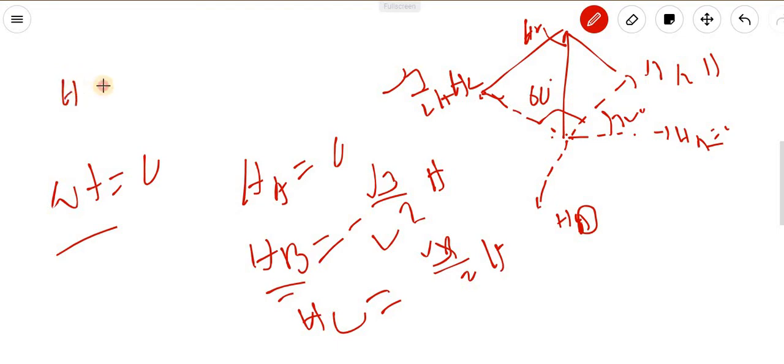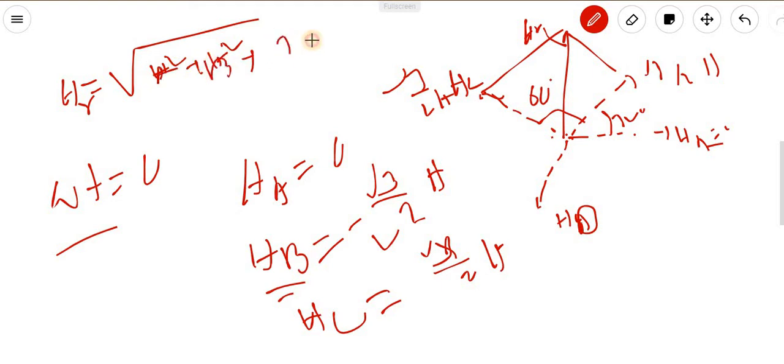The resultant is the square root of A square plus B square plus 2AB cos theta, where theta is the angle between them. How much will we be getting? Same, 3/2 H.